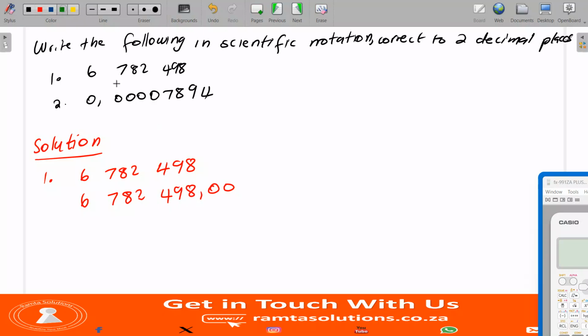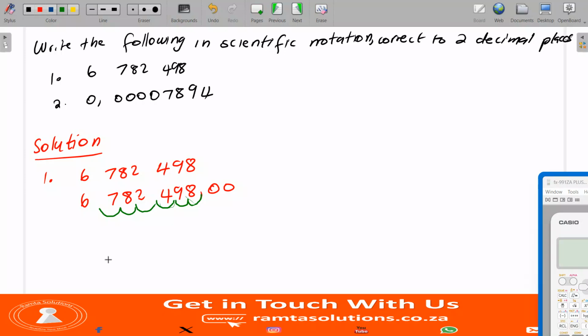So now there's no need to move to the right. We have to move to the left. Here, one place, second place, third place, fourth place, fifth place, sixth place.